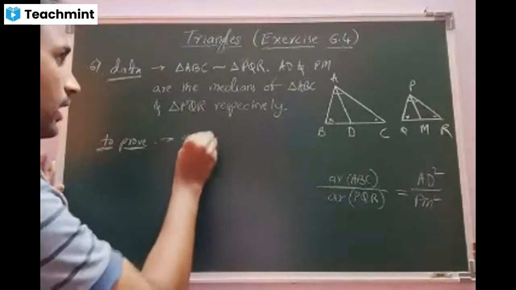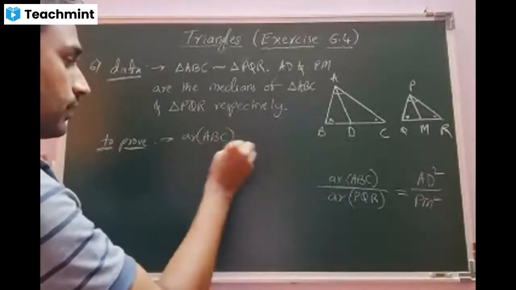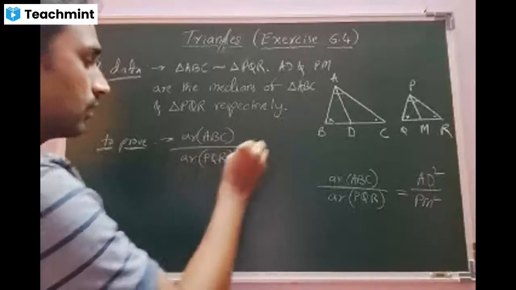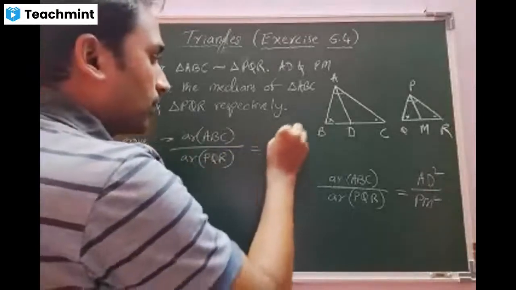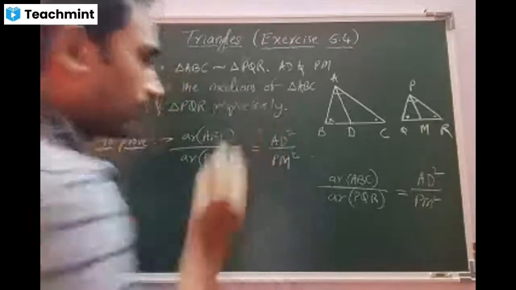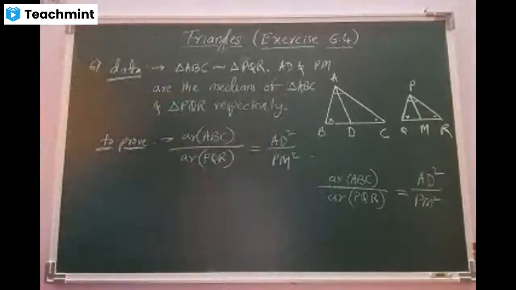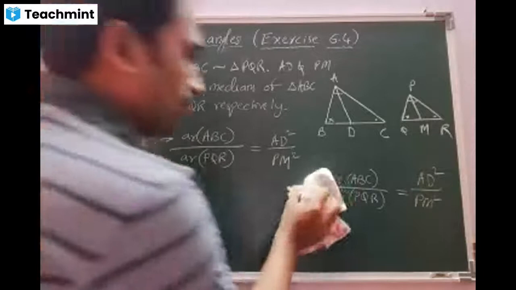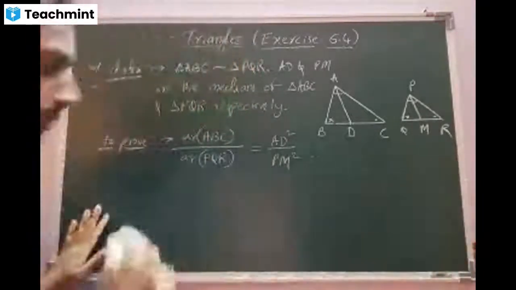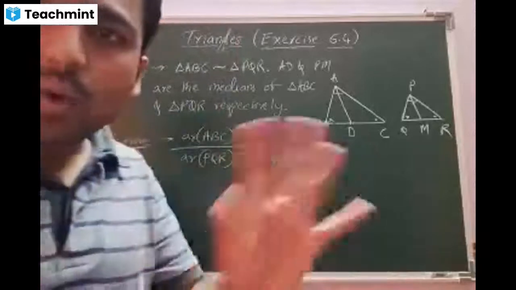Area of triangle ABC by area of triangle PQR is equal to AD square by PM square. Is that correct? Here, construction is not required.